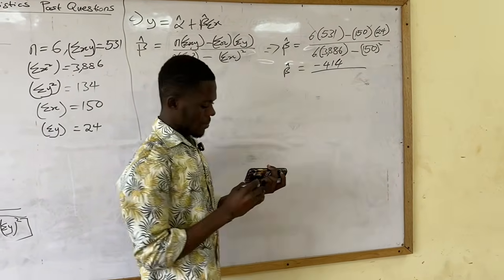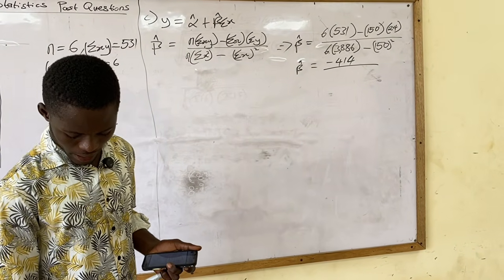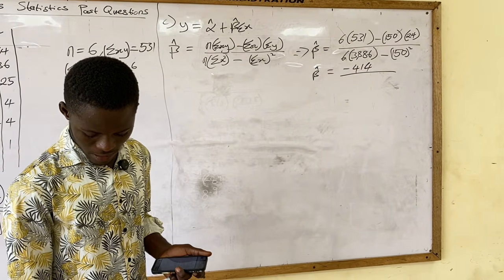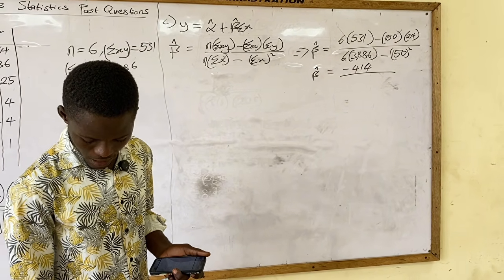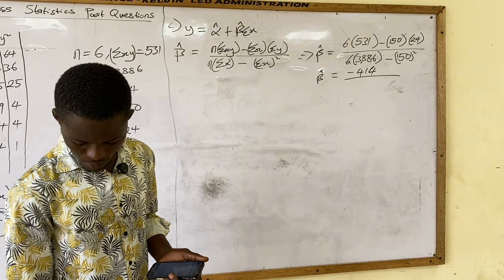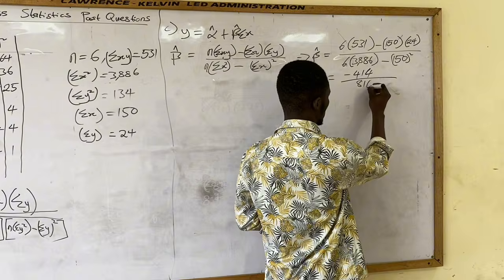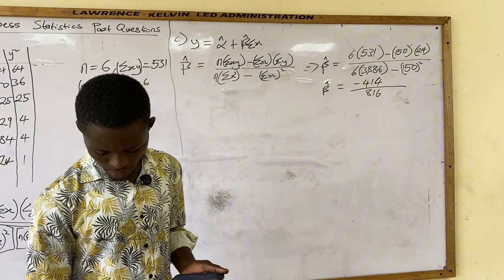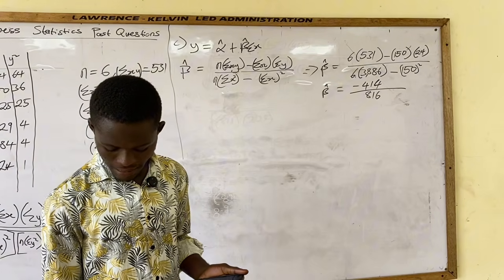All divided by 6 multiplied by 3,886 minus 150 all squared. We will get 816. Now let's put it on the calculator and see the final answer for beta hat.